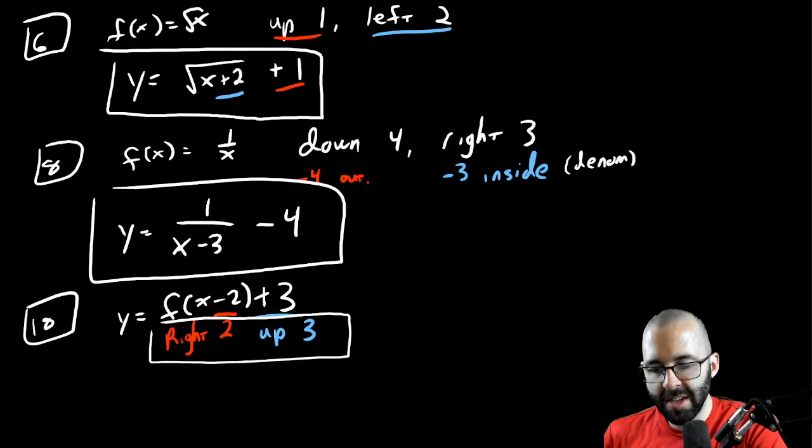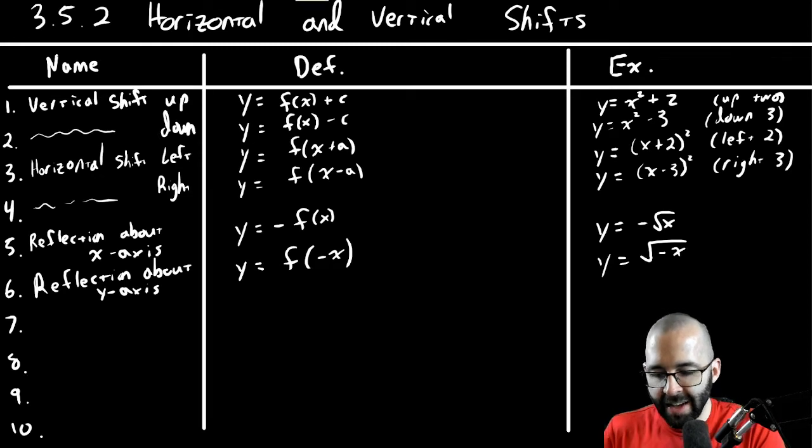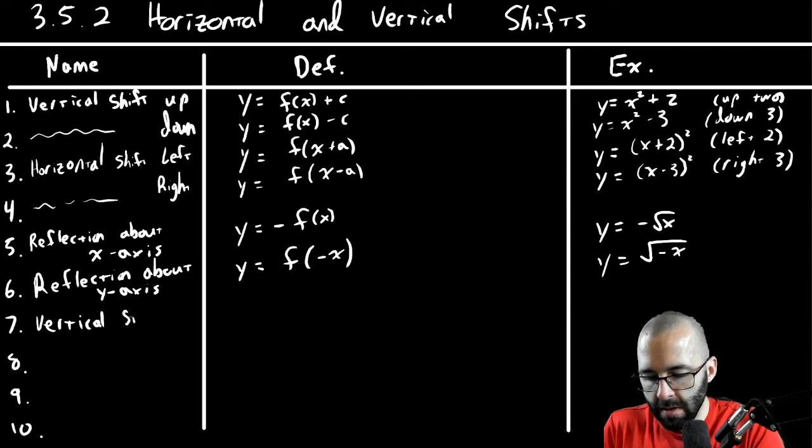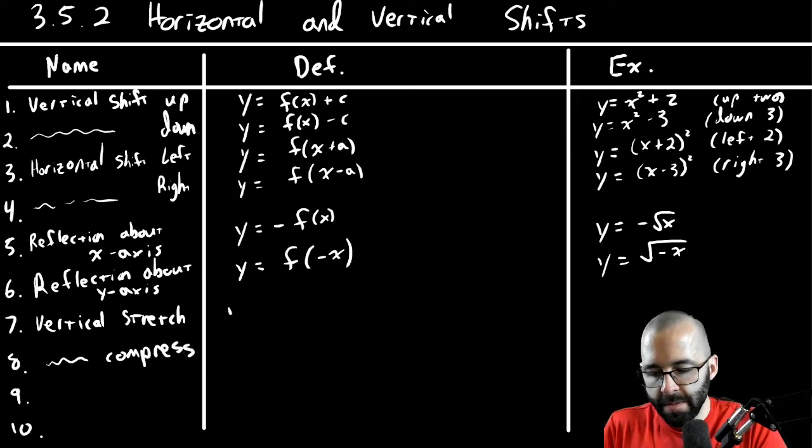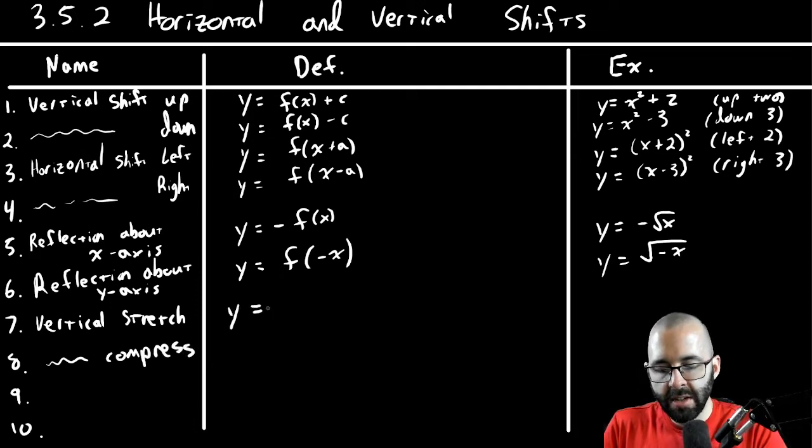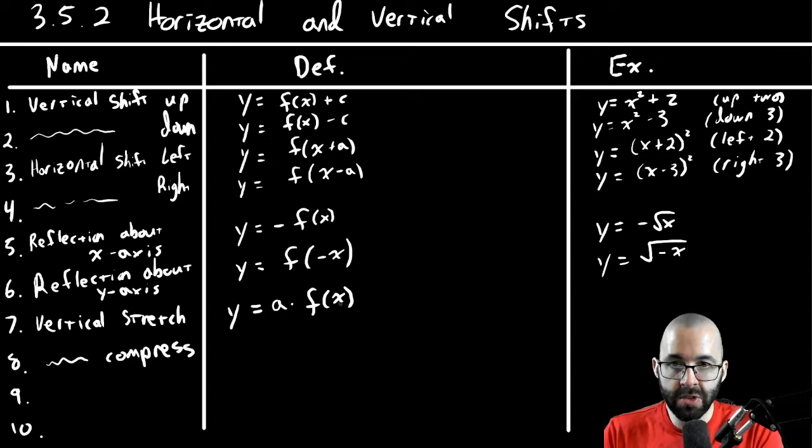If we go back to our table and say vertical stretch and compress. So it's going to be stretching. If we multiply on the outside of the function, it's a vertical change. Vertical change means outside of the function.